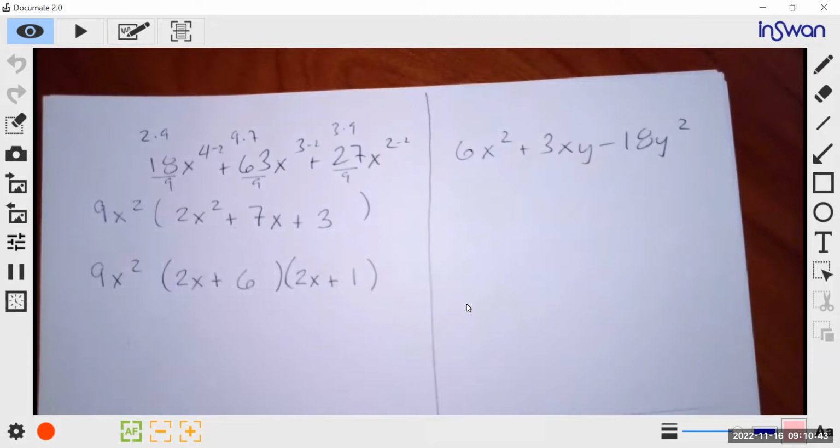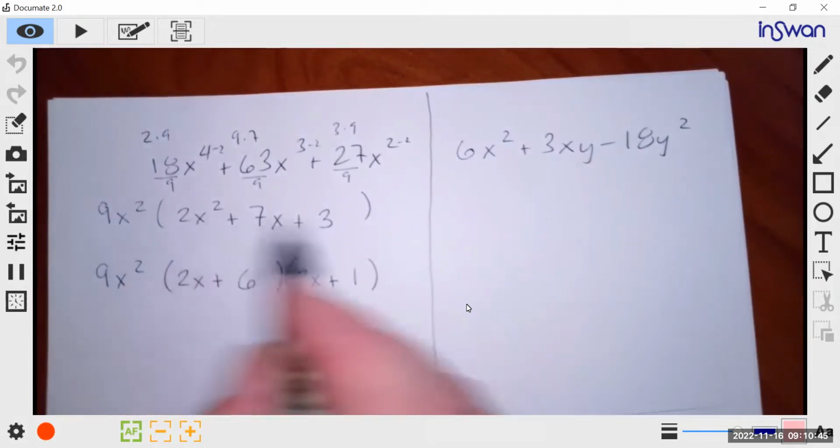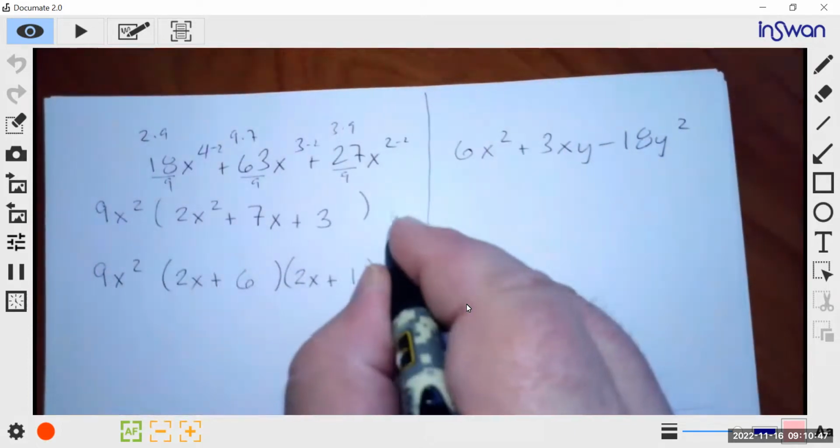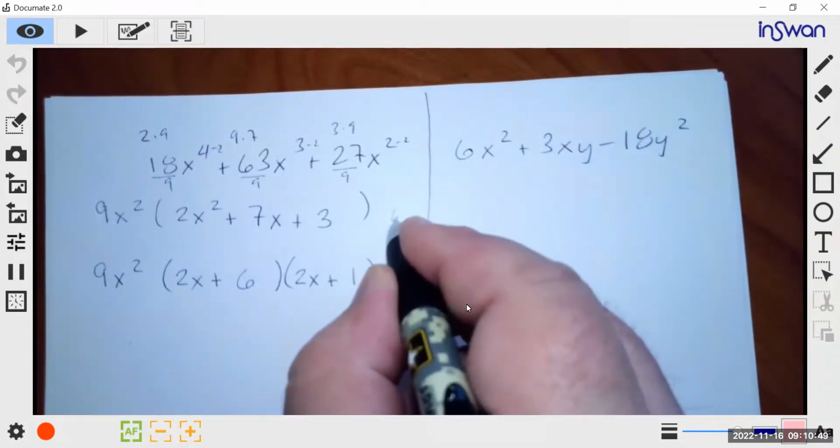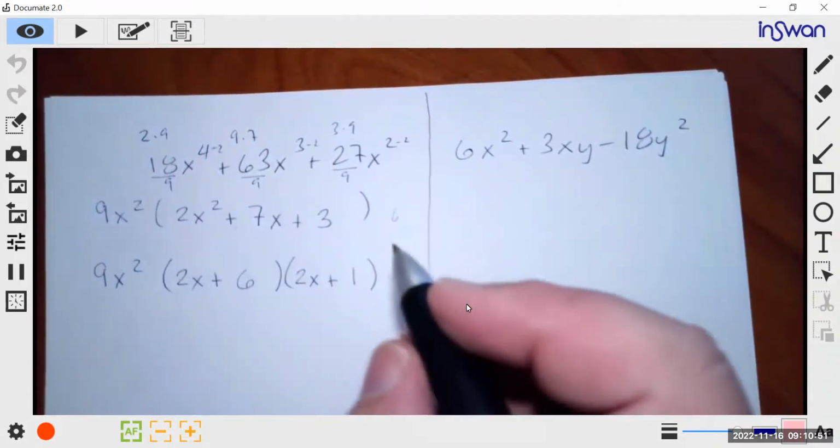Everybody see where I got 6 and 1 from? Just 2 times 3 is 6. What times what is 6? When you add them, you get 7, 6 and 1.